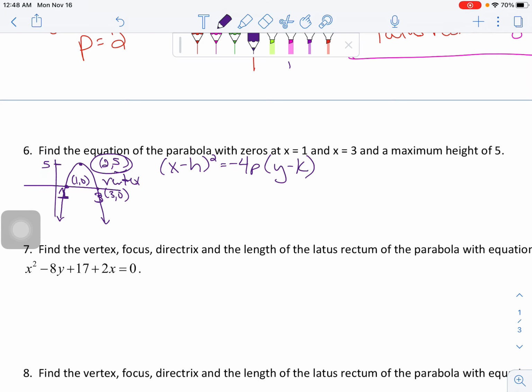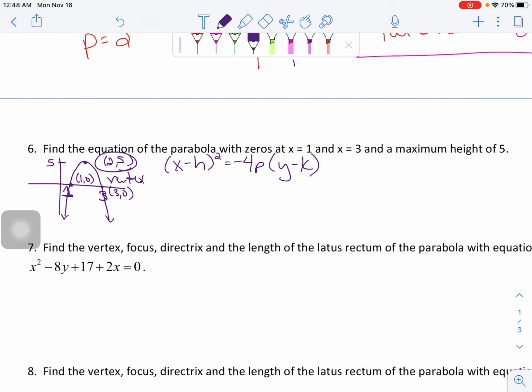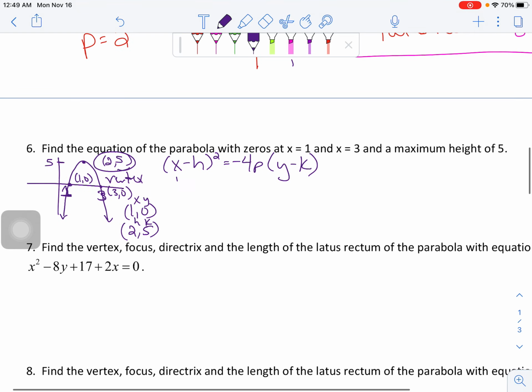They'll give you the same answer eventually. I'm going to use (1, 0). So I'm going to say that (1, 0) is my x, y, and (2, 5) is my h, k. And I'm going to plug that in because that will give me all the information I need except for the p-value.